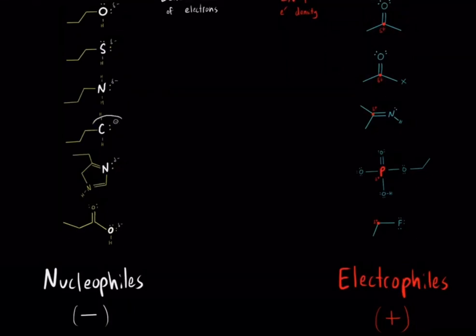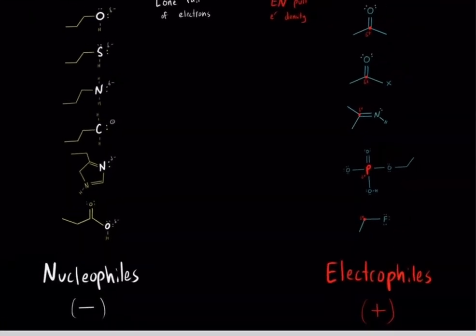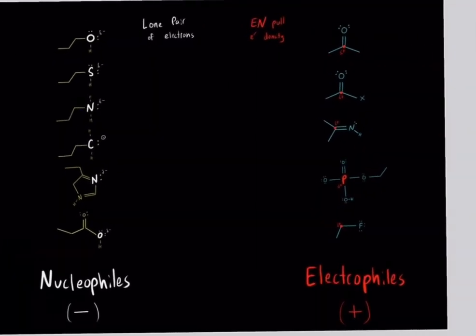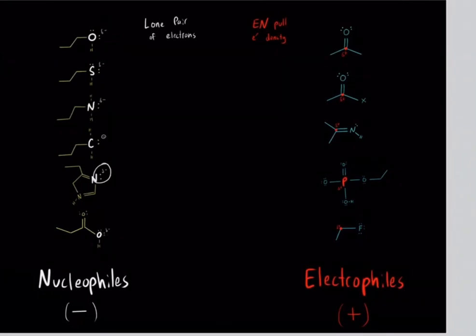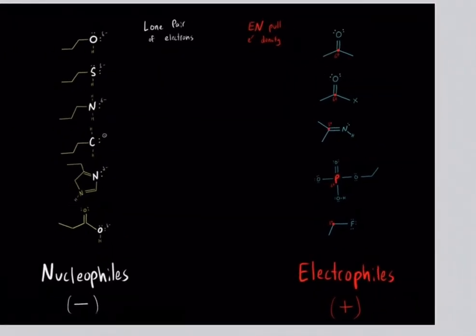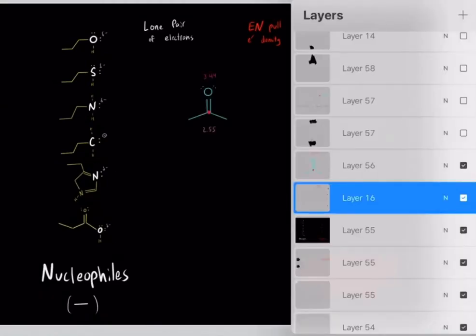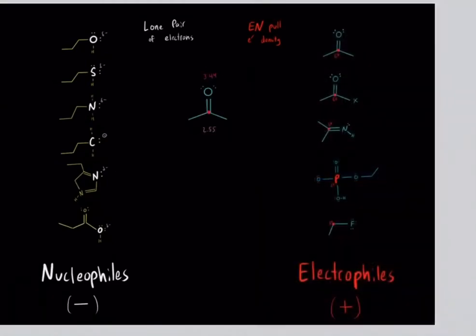The more negative charge you have, the stronger the nucleophile. So a formal charge of -1 is more negative charge than a partial charge. But again, we have these lone pairs of electrons, so we have these partial charges. So whenever we have some localized negative charge, we have nucleophiles. So what are some common themes of these electrophiles? Well, a common theme you'll see, for example, let's look at this molecule.